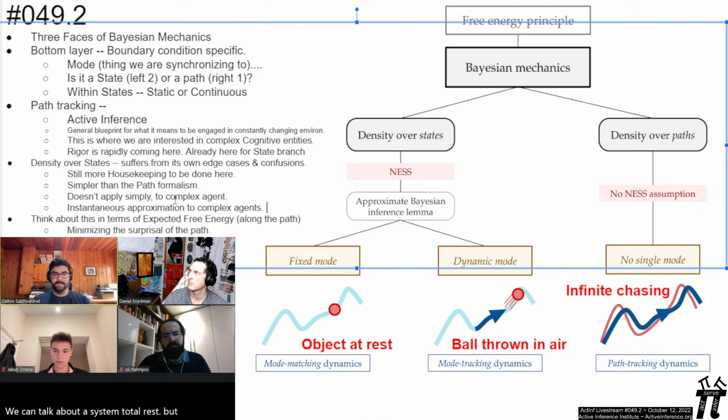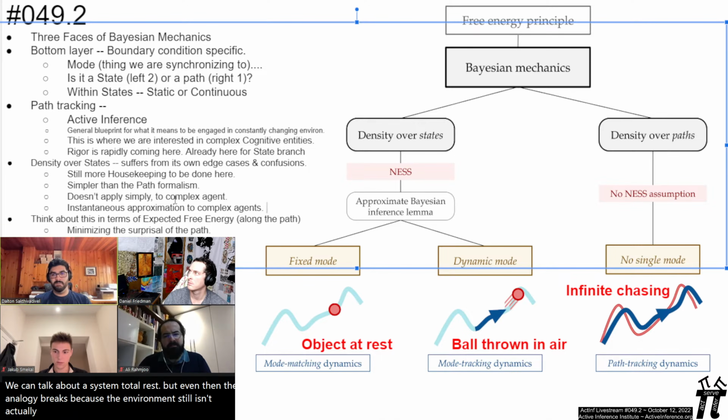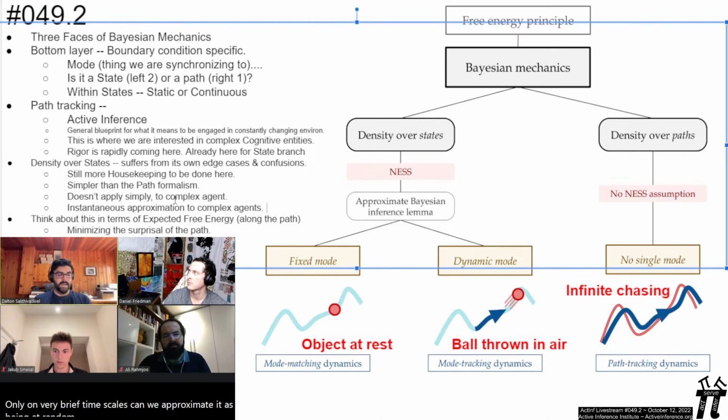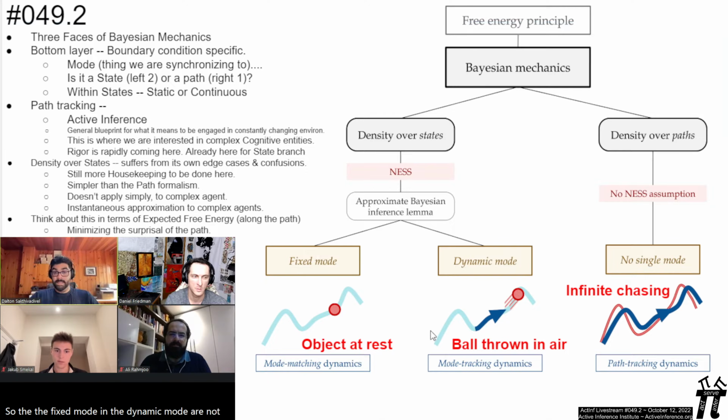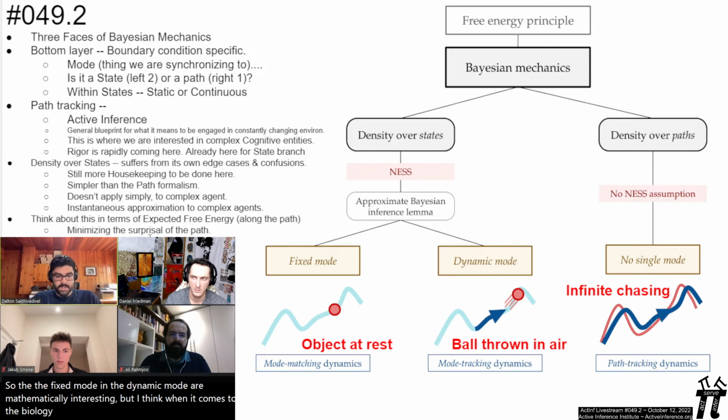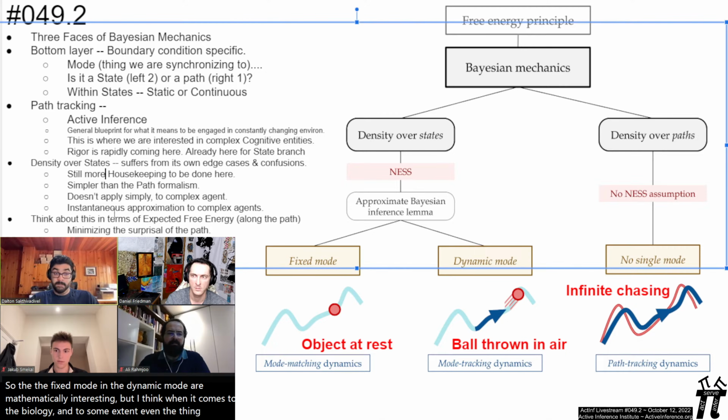But even then, the analogy breaks, because the environment still isn't at rest. Only on very brief timescales can we approximate it as being at rest. And it's also not the story that we're looking for about cognitive agents. So the fixed mode and the dynamic mode are mathematically interesting, but I think when it comes to the biology, and to some extent even the physics, they're not very interesting.